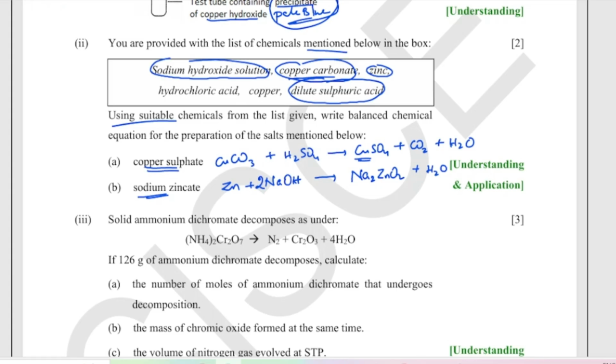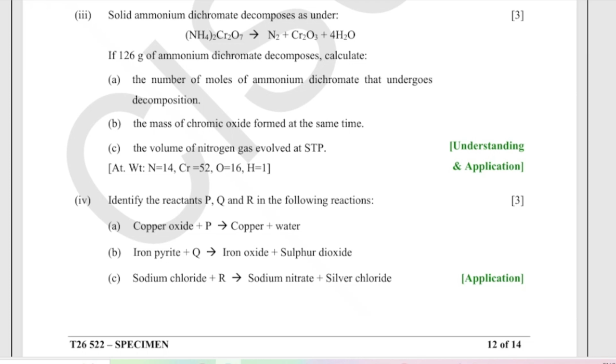Then coming to the third one, solid ammonium dichromate decomposes as given here. 126 grams of ammonium dichromate decomposes, then calculate the following. From the atomic weights, first you need to find the molar masses of the given compounds.